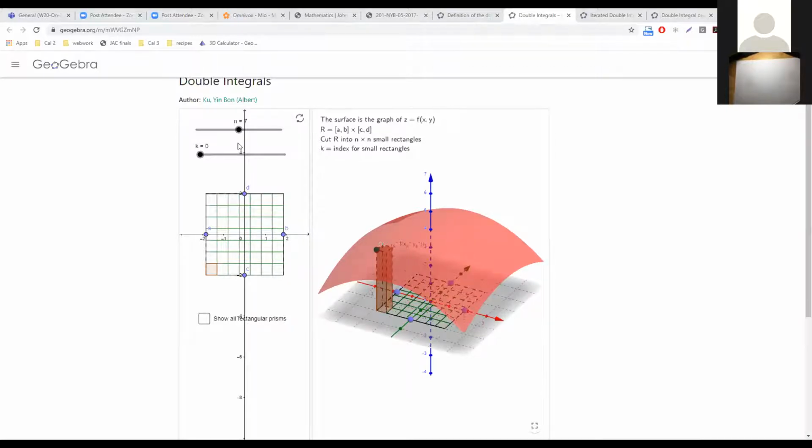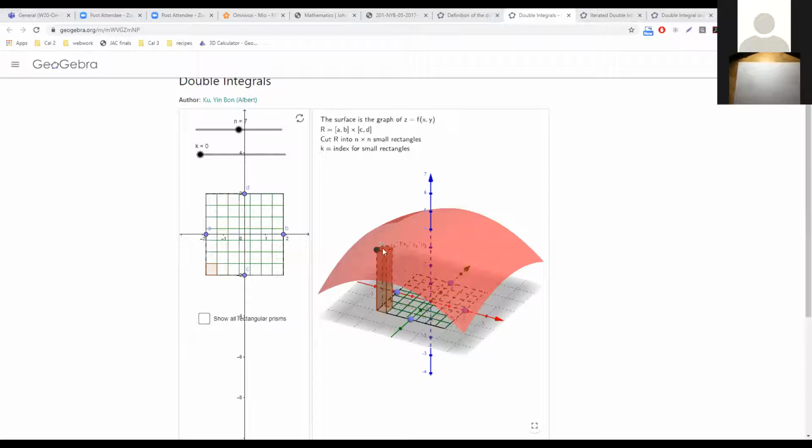Why? Because I have divided the interval AB into n subintervals, and I've divided the CD interval on the y-axis into m subintervals. So it's very simple to find the length and the width of the rectangle in the xy plane.